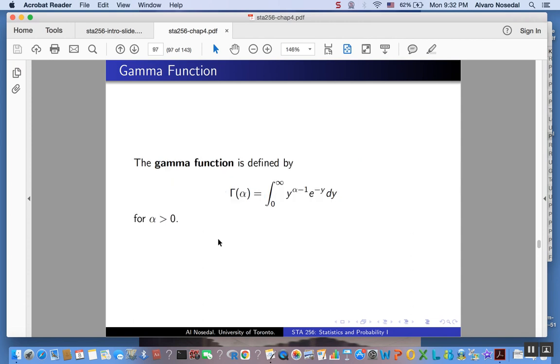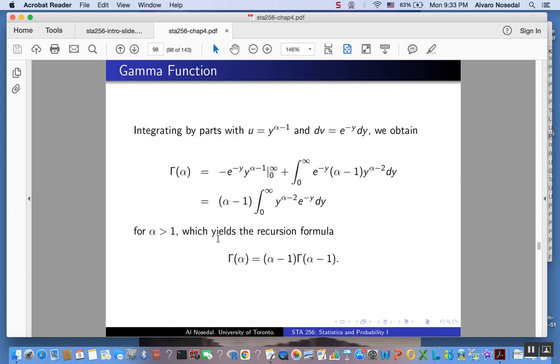I have shown you the definition of the gamma function, and we said that's why we needed to talk about gamma functions, to be able to talk about the gamma distributions. We did this together, right? That's how we showed this property, integrating by parts.